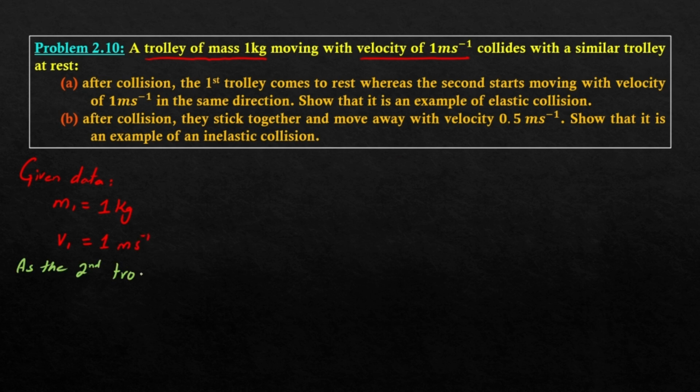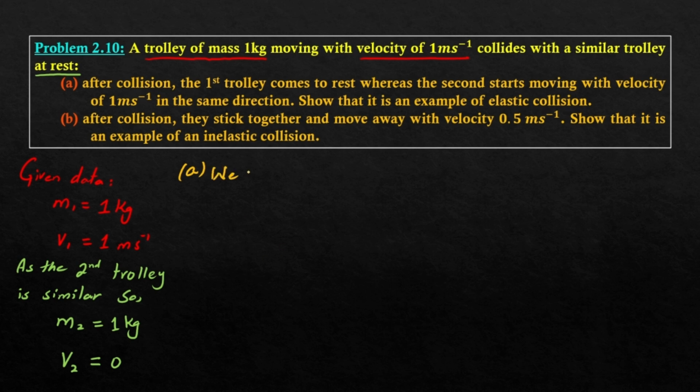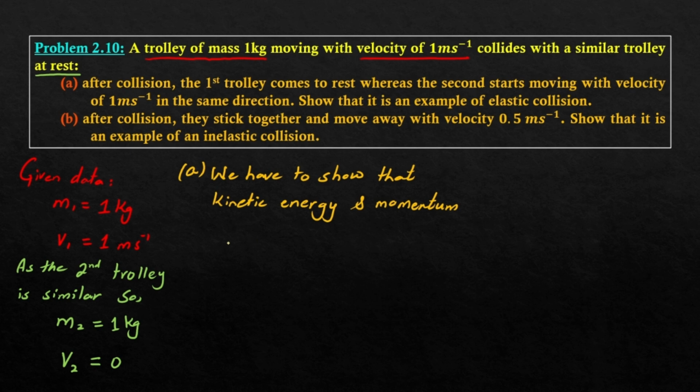As the second trolley is similar to the first trolley, m2 equals 1 kilogram, but the second trolley is at rest, so v2 is equal to 0. In the first part, we have to show that the collision is elastic, so the kinetic energy and momentum must be conserved in this example.